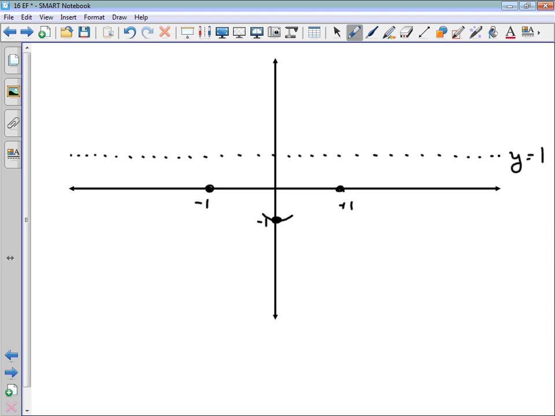We know from our increasing decreasing table that our function has to be decreasing on this side of the y-axis and increasing on this side. So all the way from negative infinity to 0, our function has to decrease.